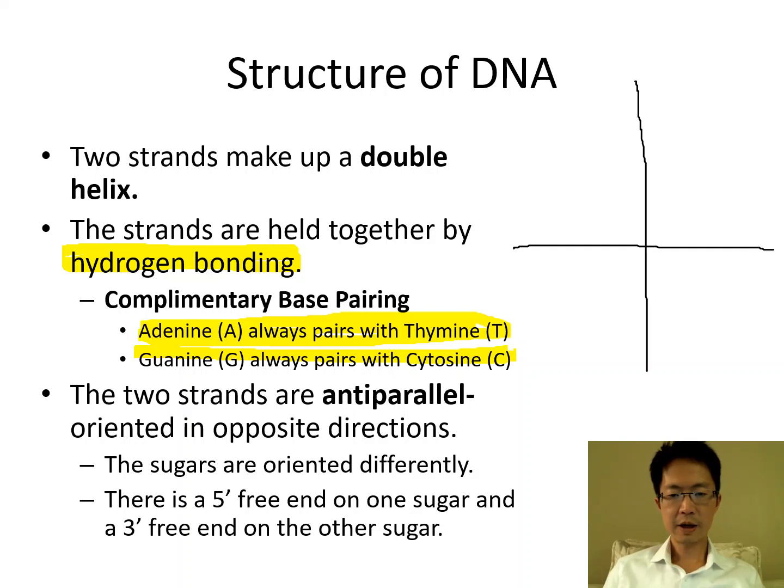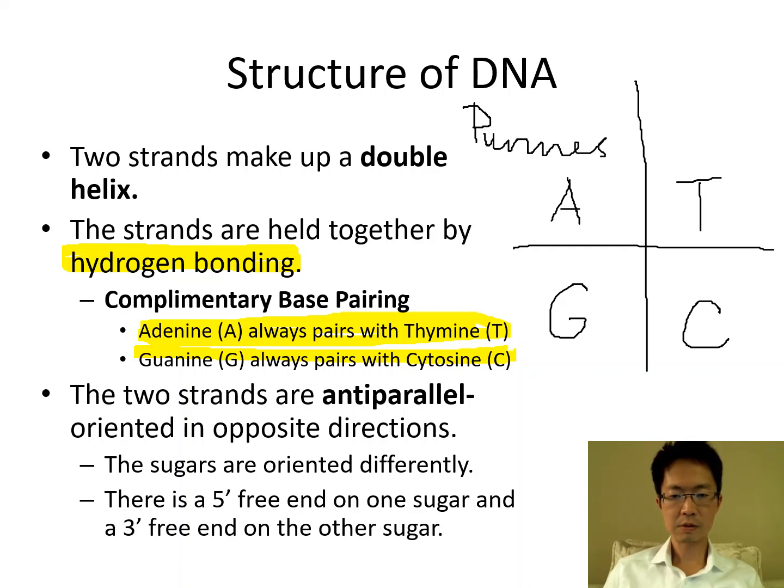So you have A, T, G, C. A and G, remember from previous slides, we call them purines. And T and C, we call that what?